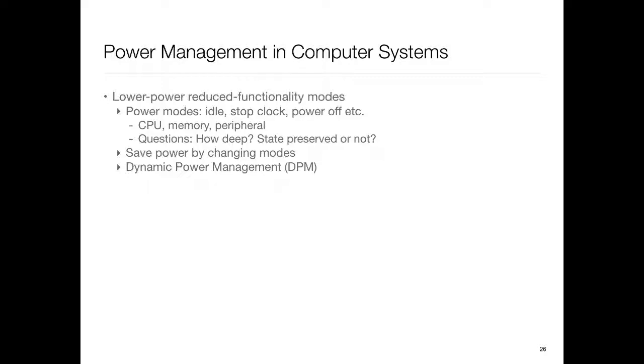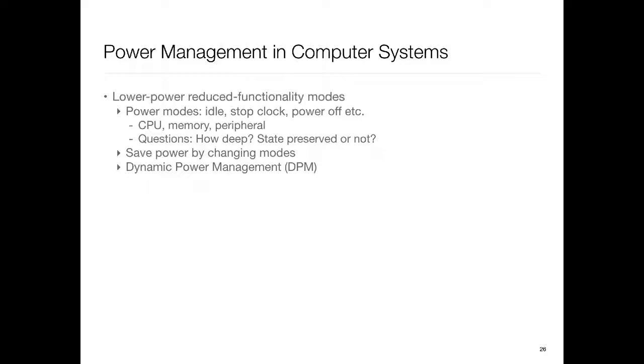For different parts of my chip, the CPU core, the memory, the peripherals, they could be independently shut down. Then I may provide the user with modes like idle, where things are powered up but not doing anything. Stop the clock. Stopping the clock is a very effective way of preventing power from being consumed, because power is only consumed when something is done.